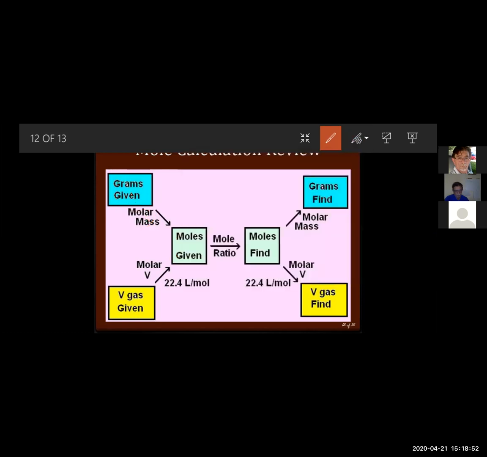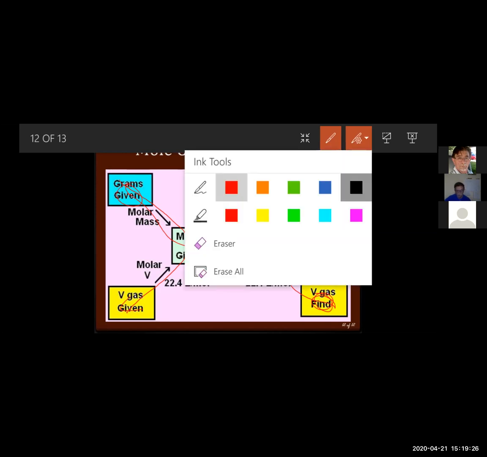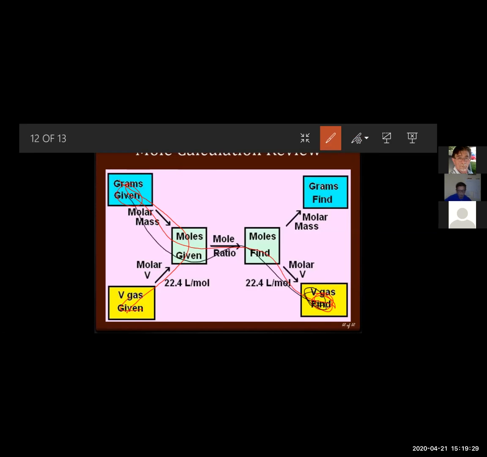But we're not limited to that, because we can go any direction, from grams given to volume, going from top left to bottom left, but only at STP. We can go from grams given all the way over to volume of gas, if we're at STP. Now, I'm going from left to right, but keep in mind, you can start here and go back.